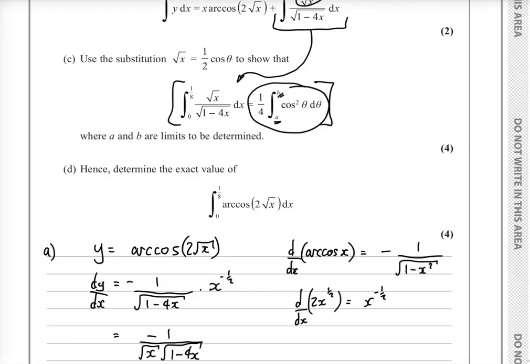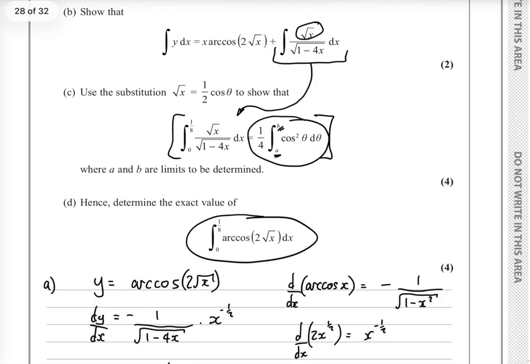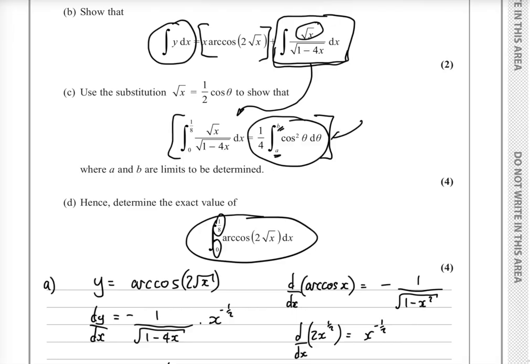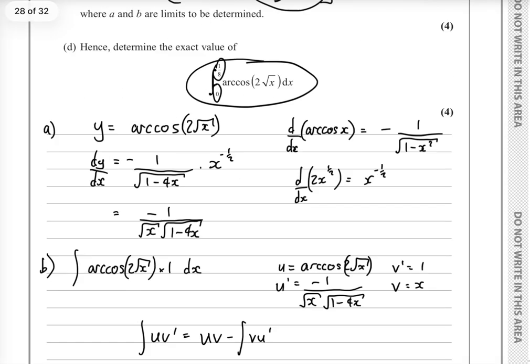Part D, hence determine the exact value of this thing here, 0 to 1 over 8 of the original function. So that is this with those two limits, and what we found in part C is just the second bit, so we need to apply those limits 0 and 1/8 onto this first section here, as well as going ahead and calculating what this is.